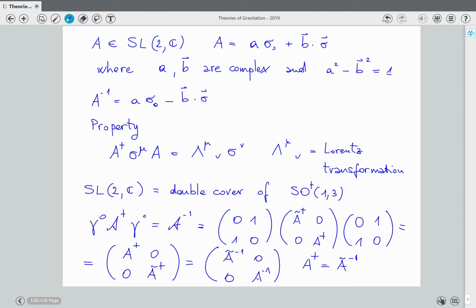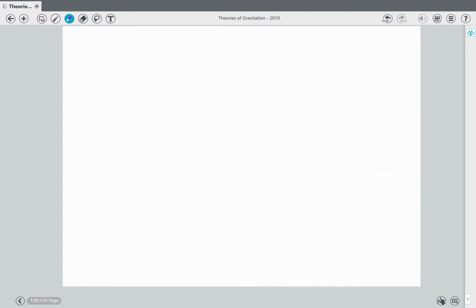So the two give the same condition, which relates A tilde and A. So A tilde is A dagger to the minus 1.